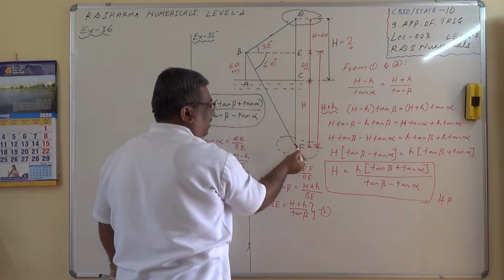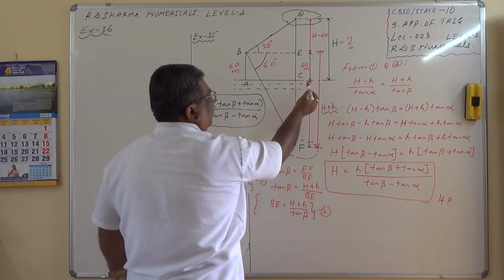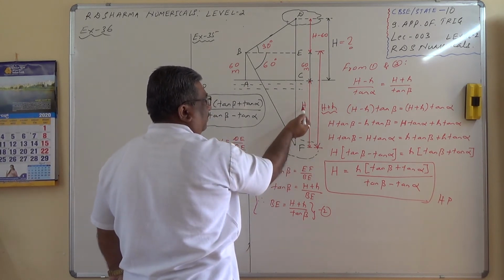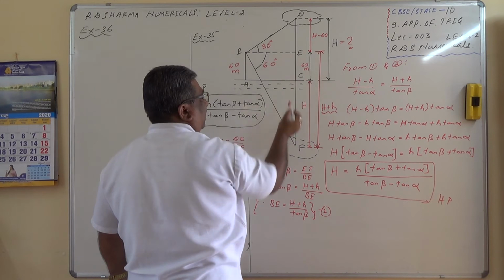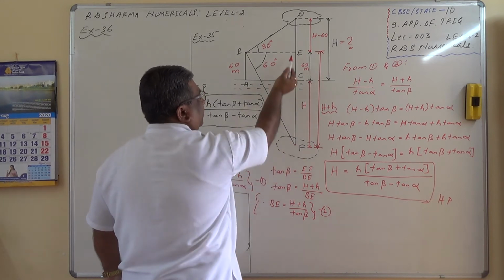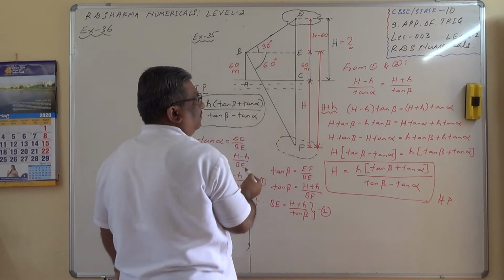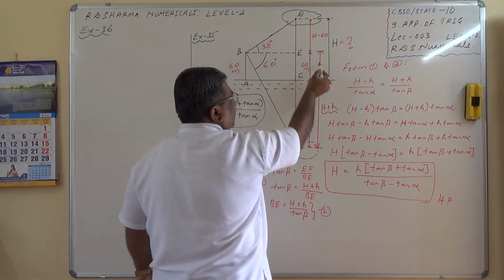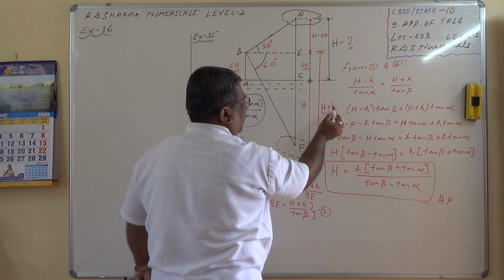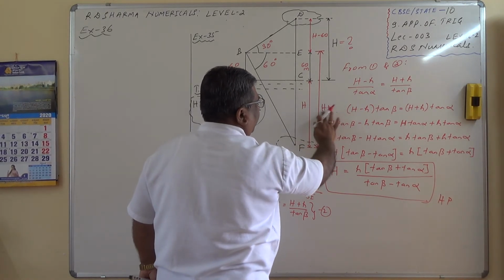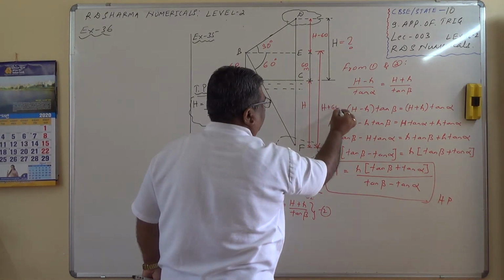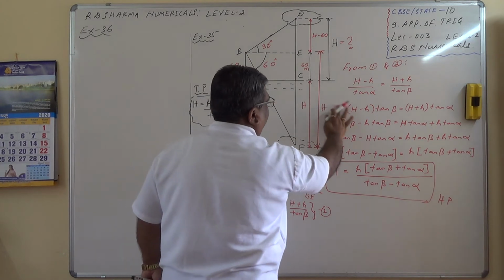From here to here it is H. This is 60, and therefore from here to here it is H plus 60, and therefore this distance is nothing but H plus 60. I hope you are able to understand this here.